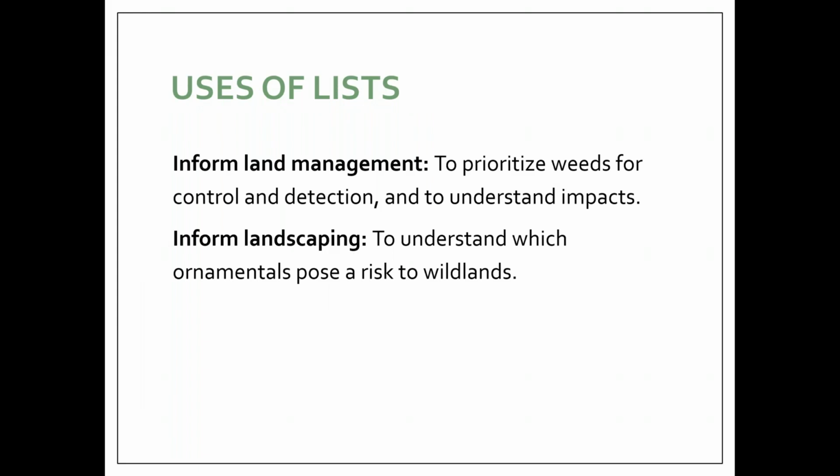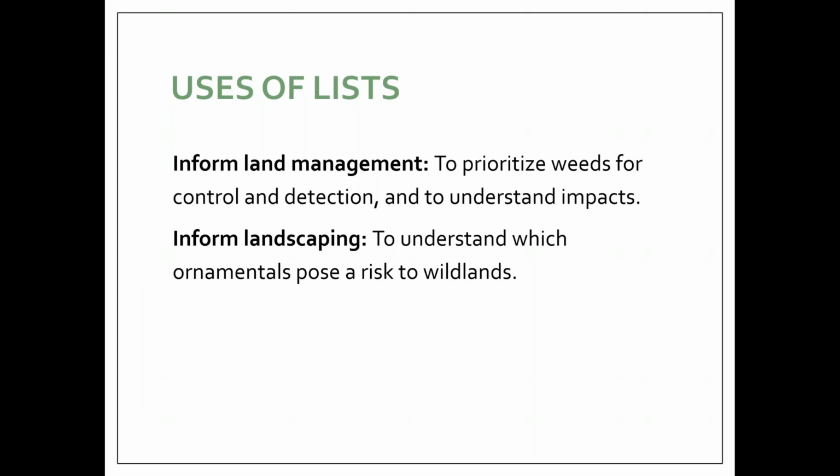So why do we have lists? There probably are more reasons, but the main ones that come to mind for me are, one, to inform land managers. So if I'm managing an open space or a natural area or forest, understanding which plants are problematic and having as much information about those plants as possible, what kind of impacts they have, how they spread, how I might control them, et cetera.